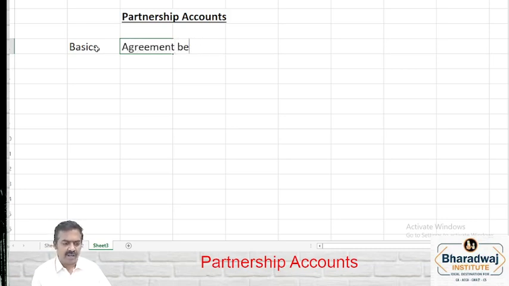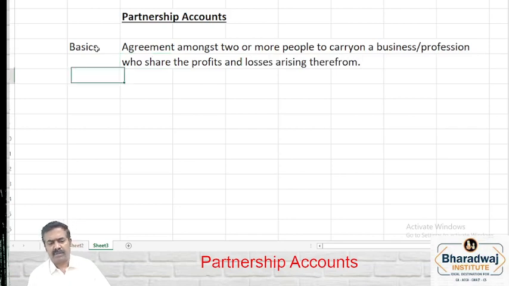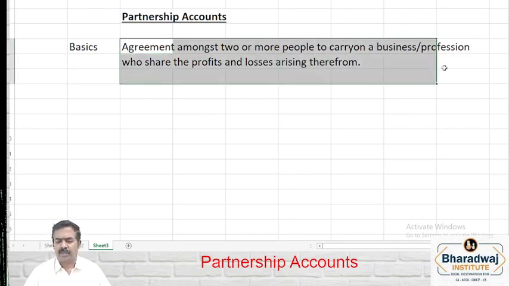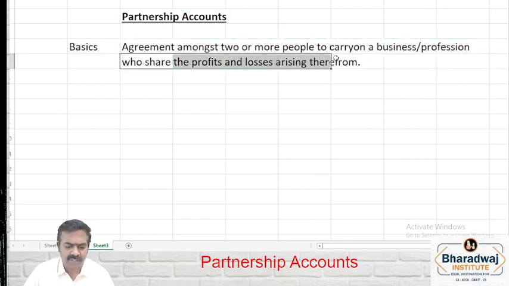An agreement amongst, that's the better word to use, two or more people to carry on a business or profession, who share the profits and losses arising therefrom.